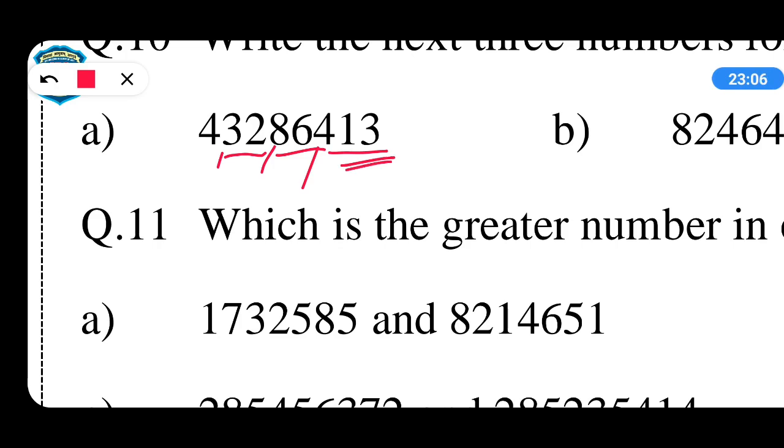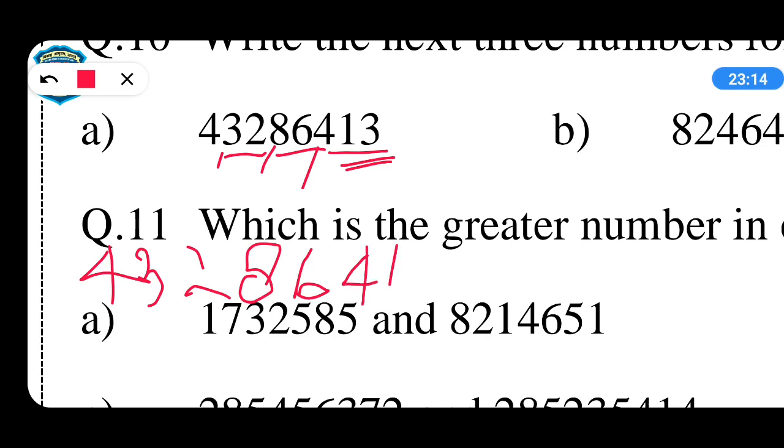So the number will be 4 crore 32 lakh 86,414, right? So this is the number next after 4 crore 32 lakh 86,413. This is 4 crore 32 lakh 86,414.